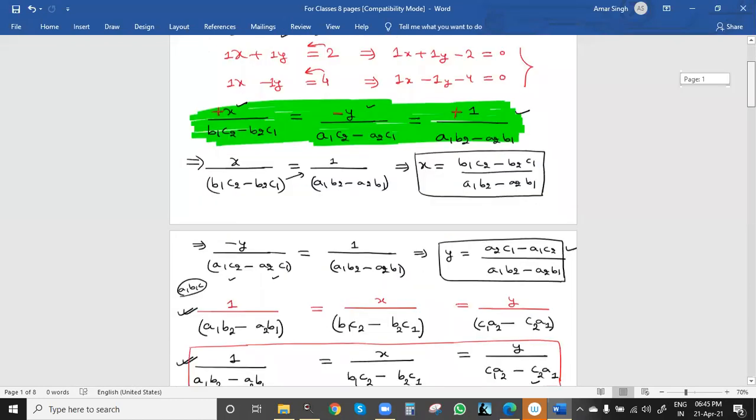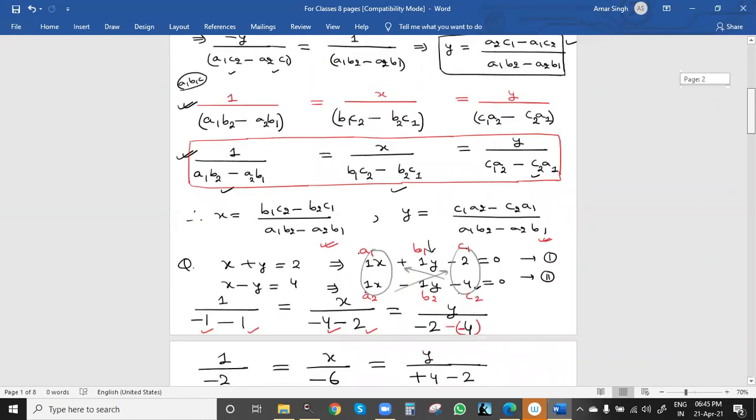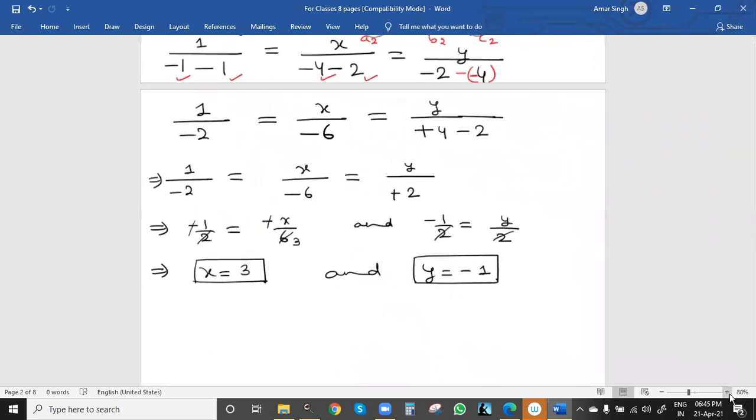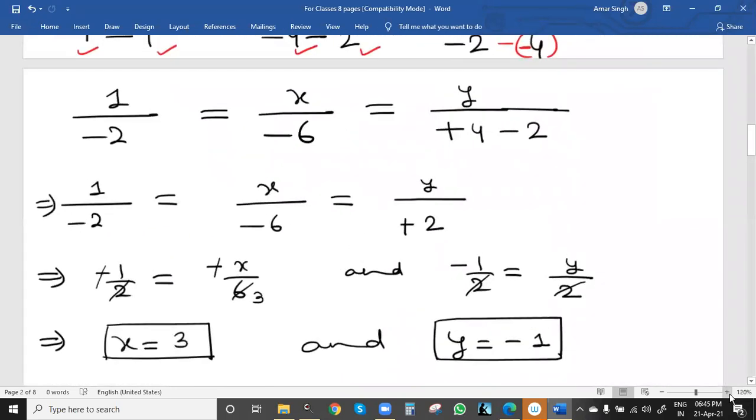So anyway, we can remember the formulas. The best one is to write 1 by AB, x by AB after AB, BC, then y by CA, 1 to 2 1, 1 to 2 1. We can put easily. Now we have just seen the process.